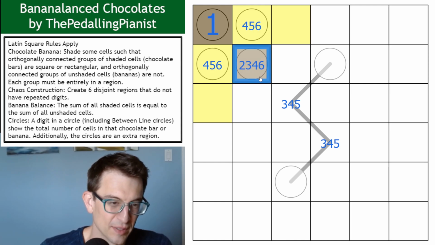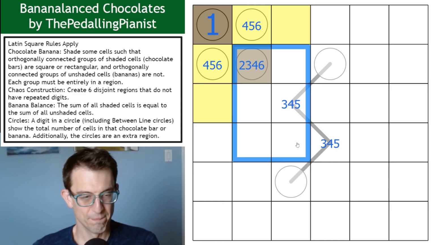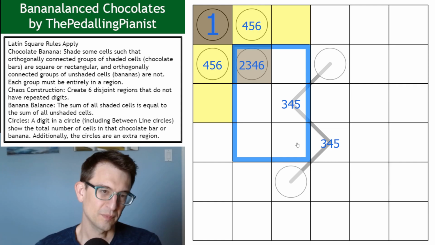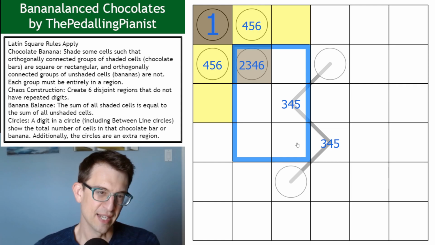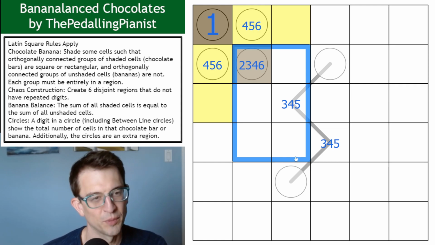Could this be 6? The only way it's 6 is if it's this. If it's 6 like that, no, that also breaks.